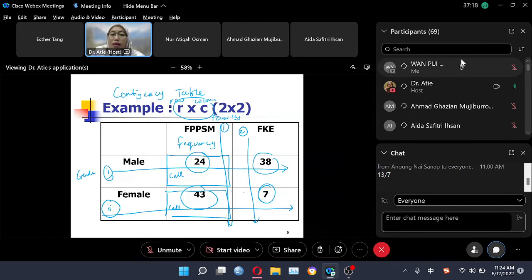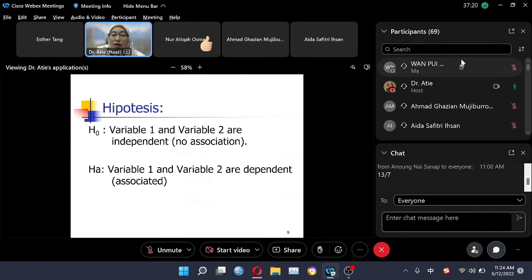Right. So remember, we have so far different hypotheses for the Z test, T test, and then ANOVA slightly different. Now the hypothesis for the chi-square test will be variable 1, for example just now, gender, and satisfaction level.